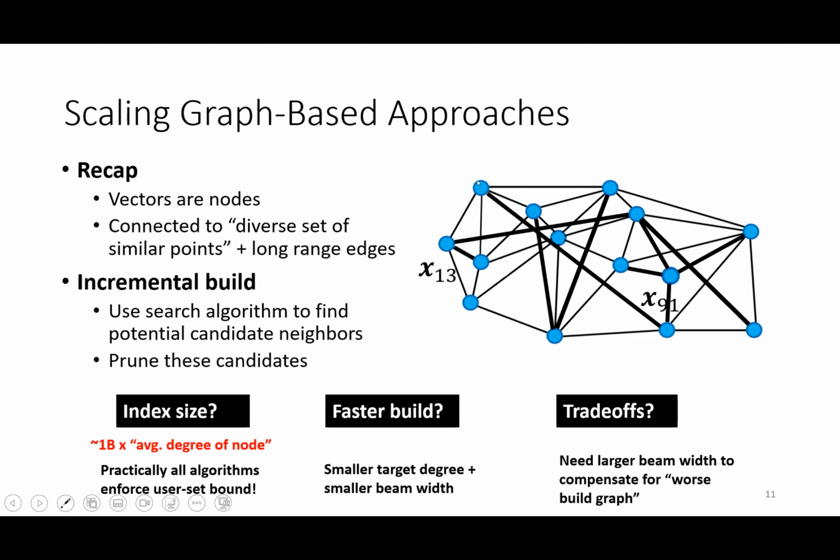Then there are some trade-offs, because if you build a much worse graph, then you need a larger beam width when you search. And at that point in time, you have to ask yourself, was it worth the effort spending more time in the index building, or was it worth to actually save time on the index building part? I'm going to show you some numbers in 2 slides or so.